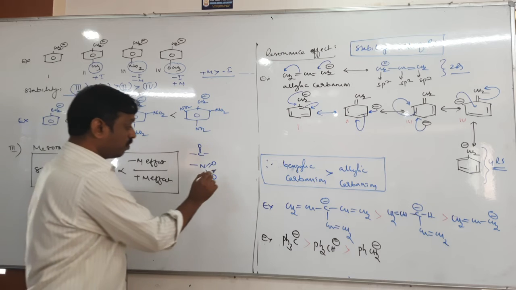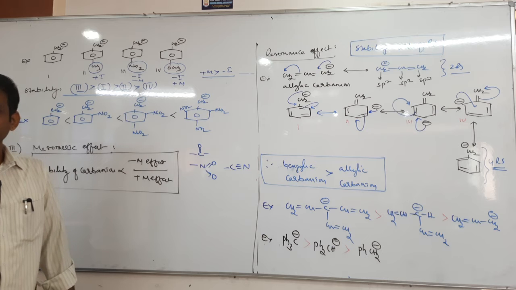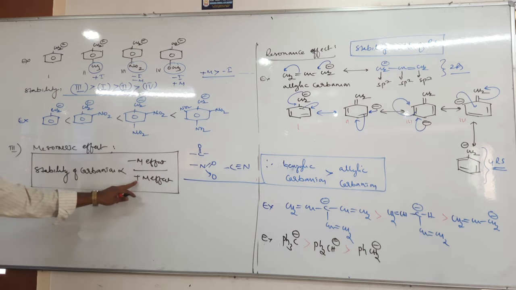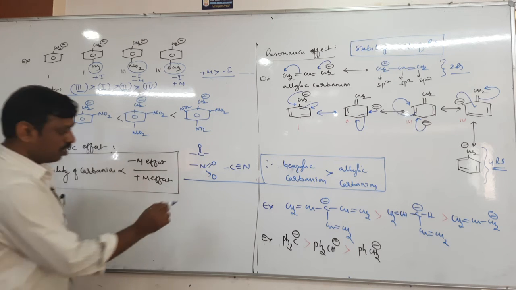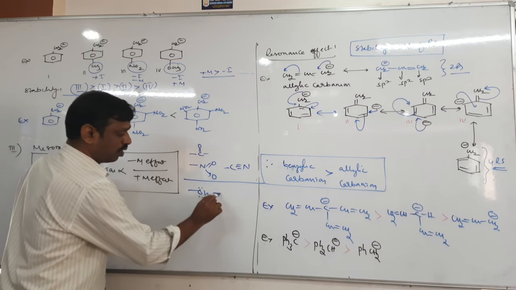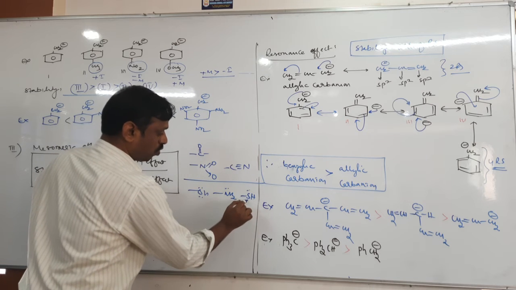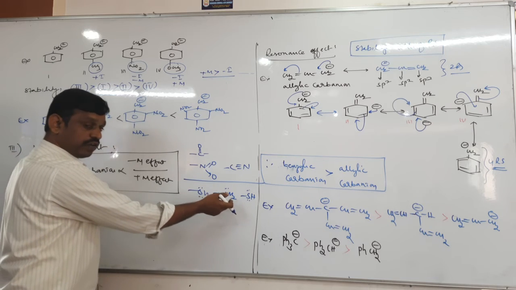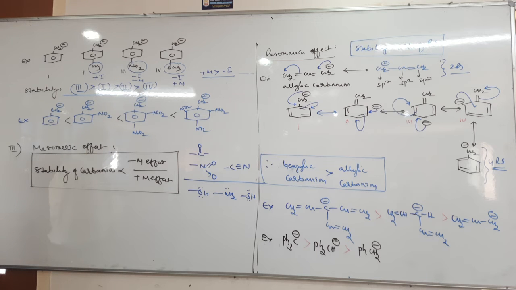Here NO2, even carbon multiple bond, even cyanide also. So these can exhibit minus M effect. Plus M groups are atoms which have one or more lone pairs of electrons, like OH, 2 lone pairs, like NH2, 1 lone pair, like SH, 2 lone pairs, and its derivatives, OH derivative OR, NH derivative NHR, and SR, many more. Those are plus M groups.